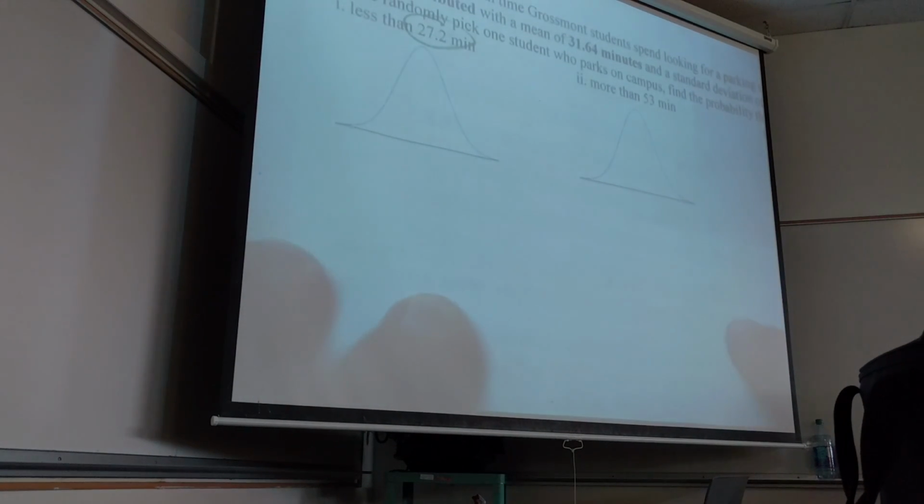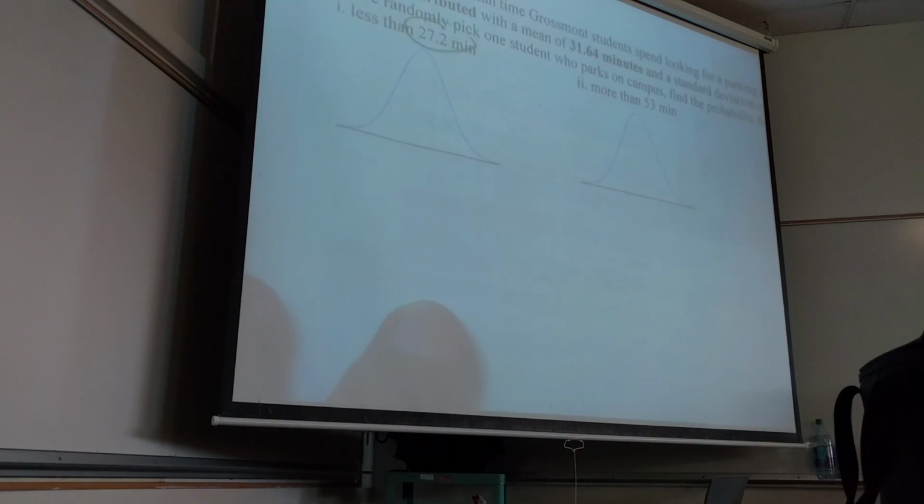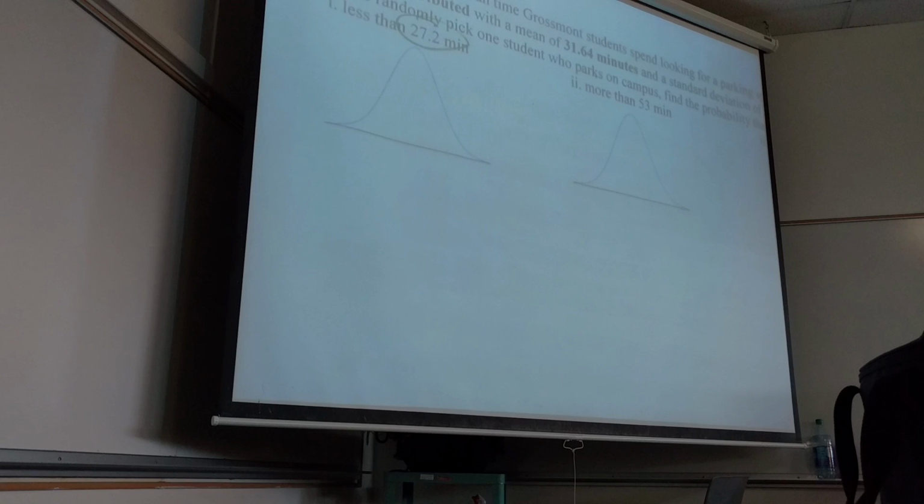What's different between number 1 and then there's number 4? I don't know. What's the difference between these and these? Are these z-scores yet? That is not a z-score yet. That is a raw score. That's the number of minutes. How do I make something into a z-score? Who remembers that formula?